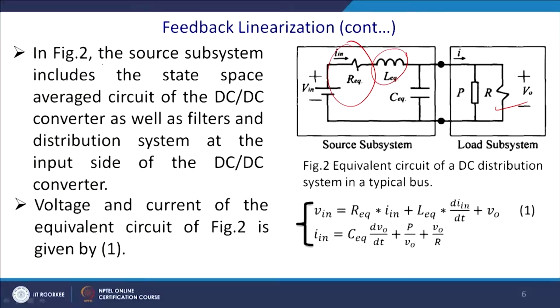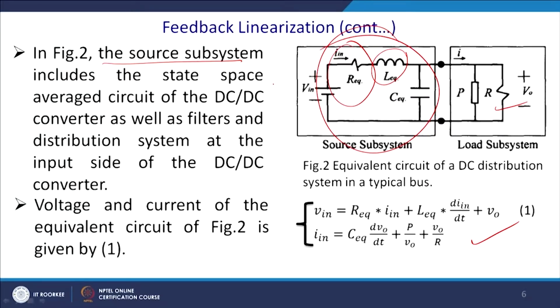So, in figure 2, the source subsystem includes, this is the equation, the state space average circuit of the DC to DC converter as well as the filter and the distributed system at the input side of the DC to DC converter. So, this is the source subsystem or the input subsystem, and this is the load subsystem.